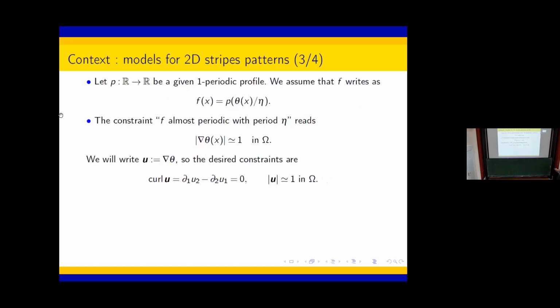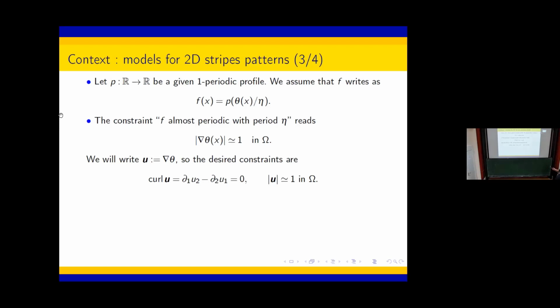The first model is to describe the stripes through a phase. We are given a profile P, which is a function from R to R, and the pattern is described as a function f of x, equal to P of the phase theta divided by eta. So P gives the shape of the periodic changes, and here the period is eta.